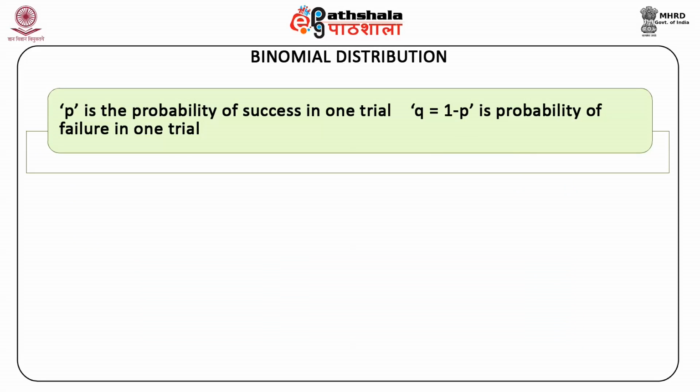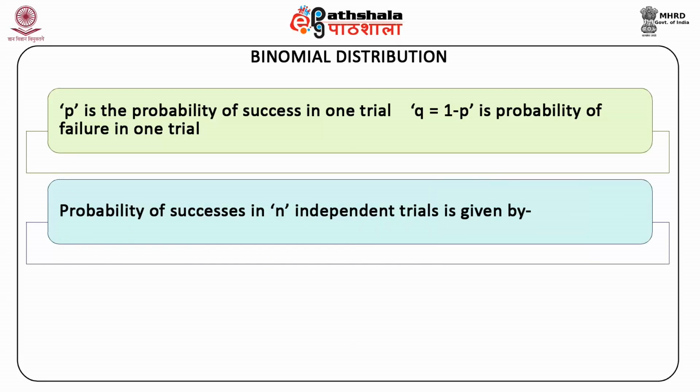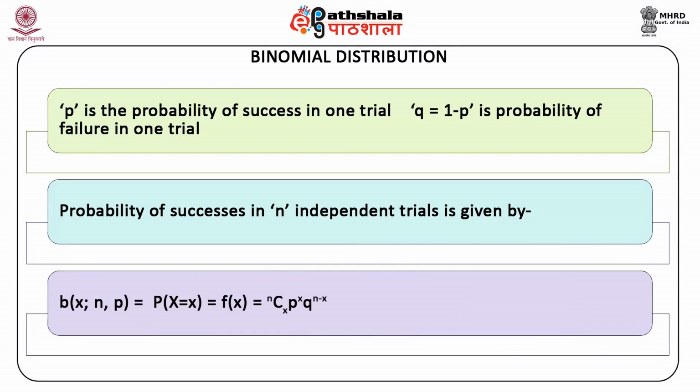If p is the probability of success of one trial and q equal to 1 minus p is the probability of failure, then the probability of x successes in n independent trials is given by B of x, n, p equal to P of X equal to x, which is equal to f of x, which is equal to nCx p to the power x q to the power n minus x. This is called binomial distribution.